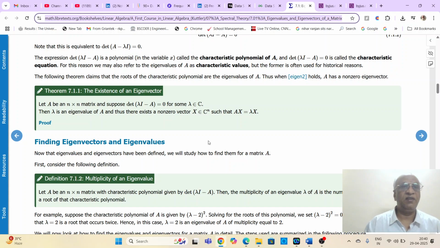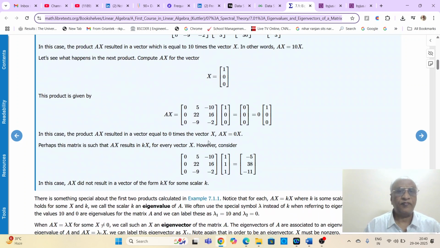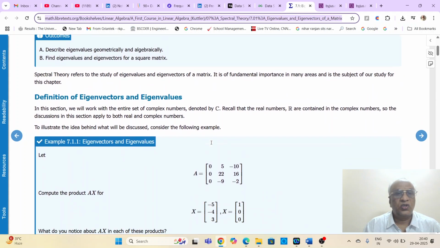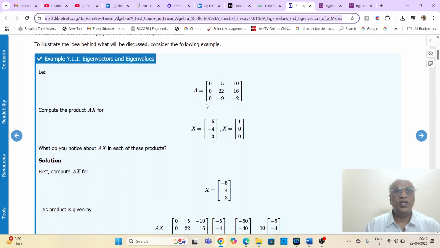Let us dig into eigenvalues and eigenvectors. Okay, so this is my matrix A, which is a 3 by 3 matrix. I need to compute the product AX. The value of X is given as minus 4, minus 5, minus 4, 3, and one more value is given, 1 0 0.